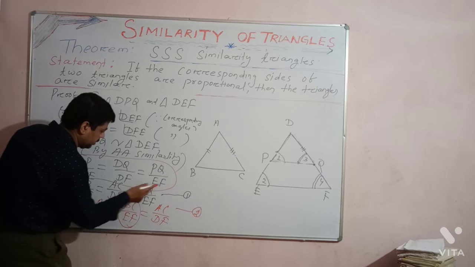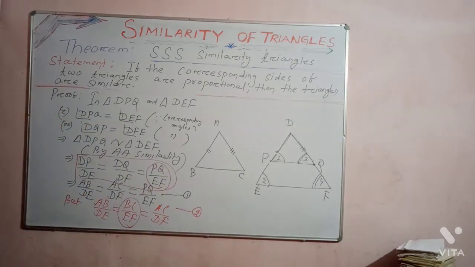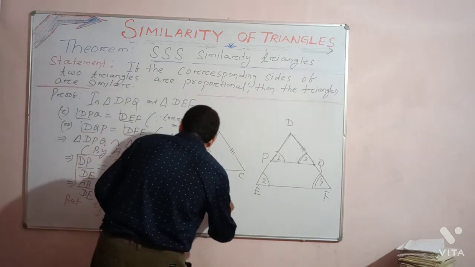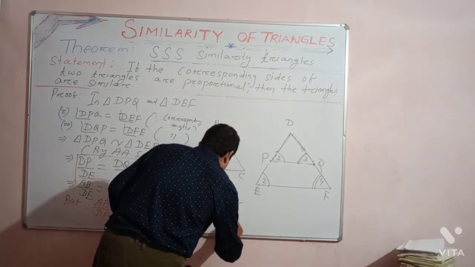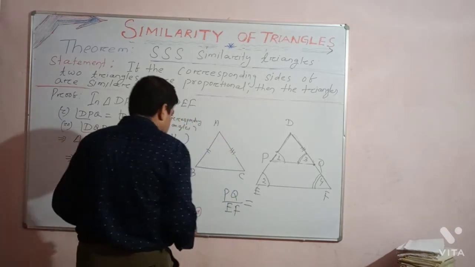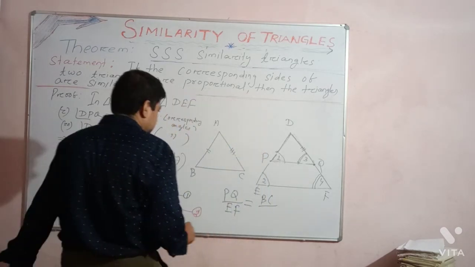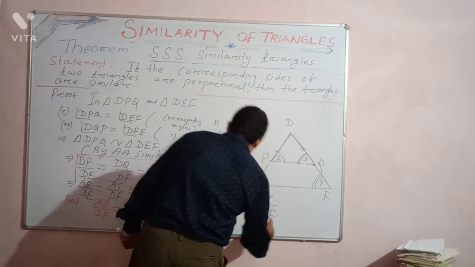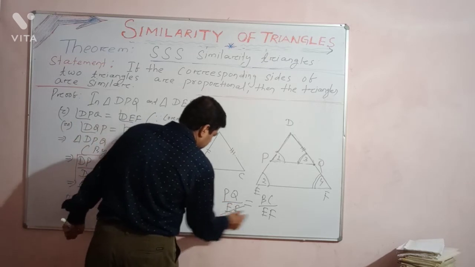Can you compare whether those are equal or not? Yes or no? Okay, so now see PQ by EF is equal to BC upon EF. So now you cancel EF here.